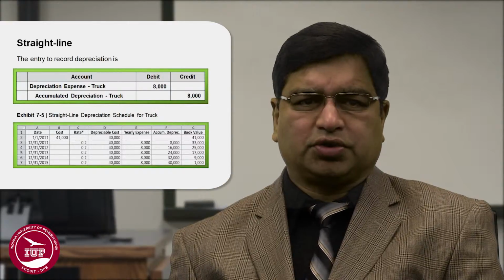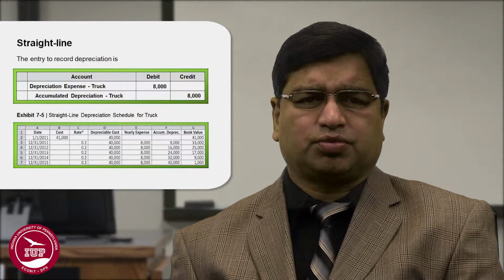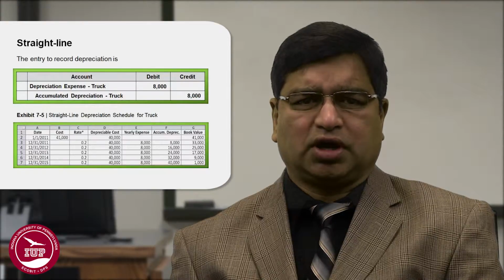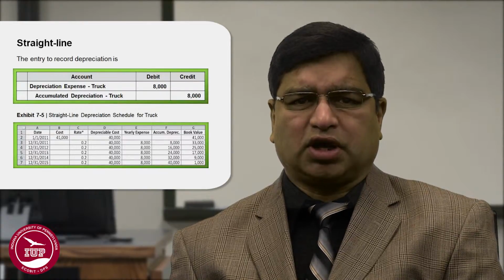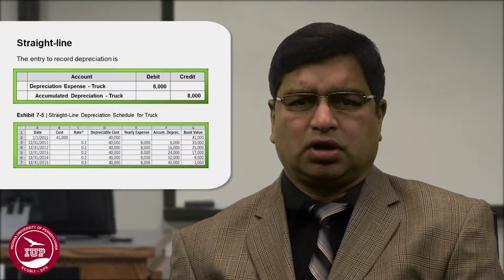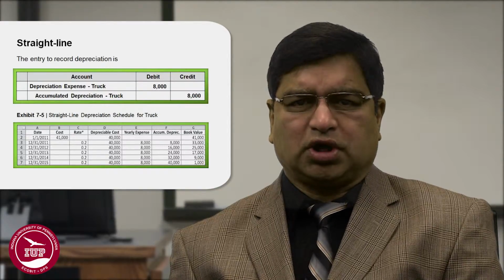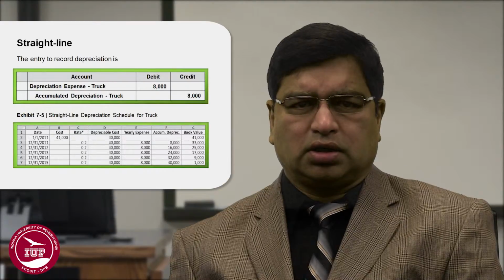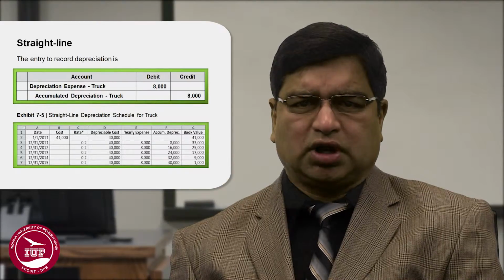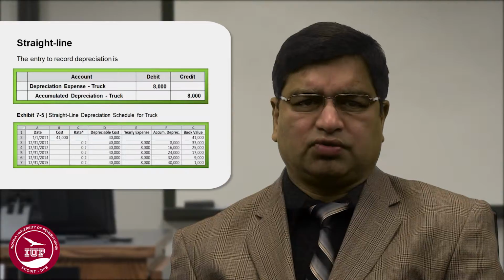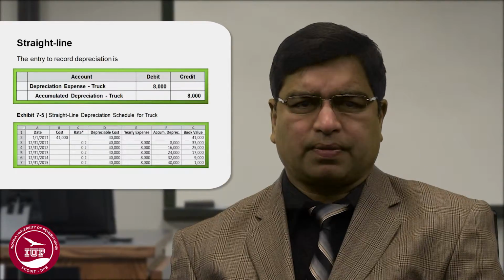So for example, if the asset was purchased on January 1, 2011, for 41,000, its residual value was 1,000, and depreciable cost is 40,000. The book value on January 1 is 41,000.